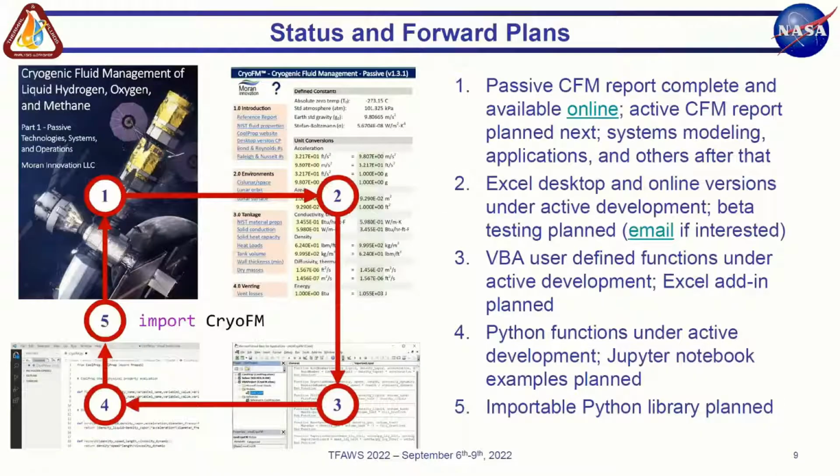There's many others. So just kind of wrapping up here, where things are at and kind of forward plans. This passive CFM report, as I mentioned, is done. At least the first few versions of it have been completed and are available online. So the next one would be an active CFM report that will cover cryorefrigeration and other active cryogenic fluid management type of operations and systems and technologies.